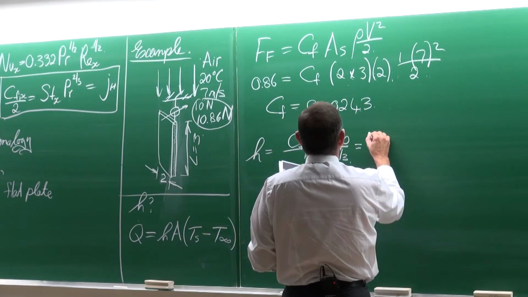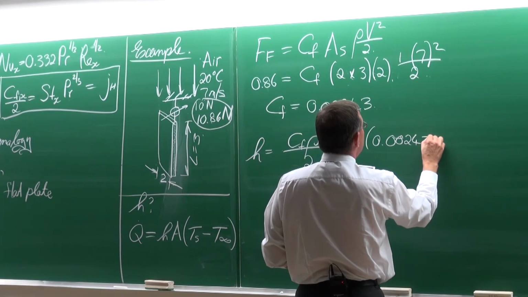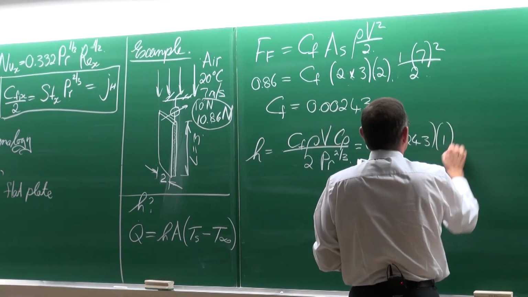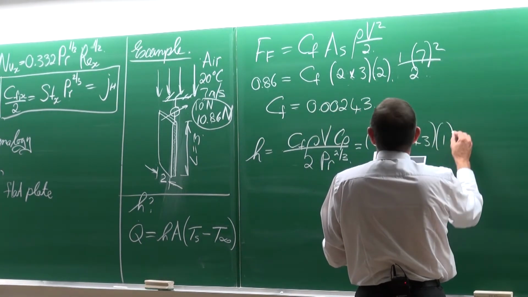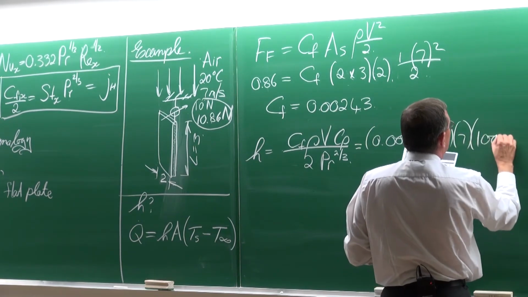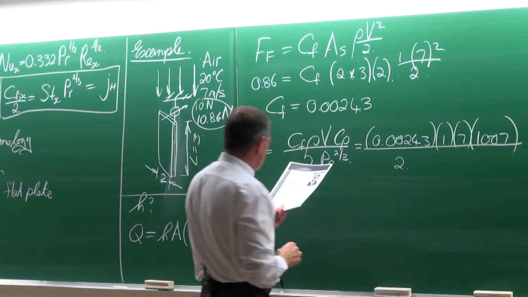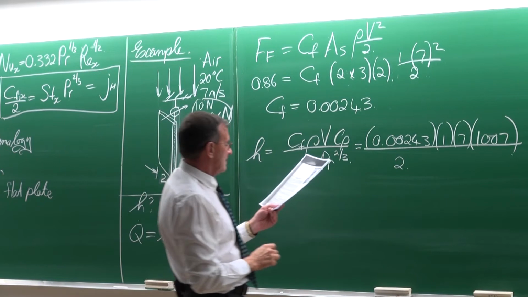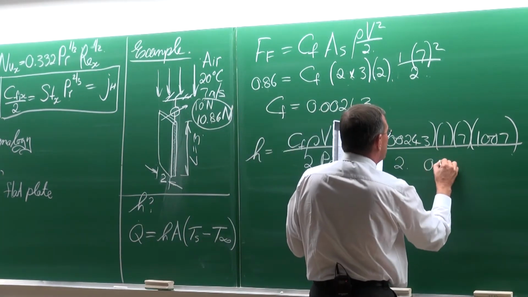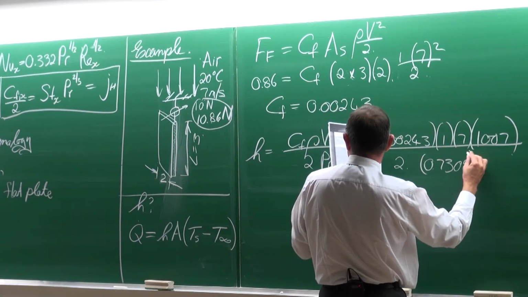So you can go and put in the value of CF, which is 0.00243, multiplied by the density is 1, the velocity is 7, Cp of air is 1007, divided by 2 times the Prandtl number of air, which is 0.7309 at 20 degrees Celsius.